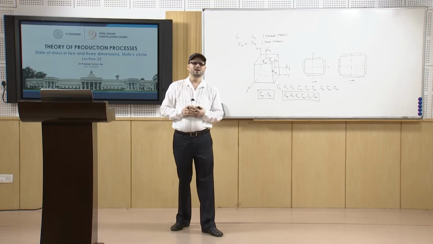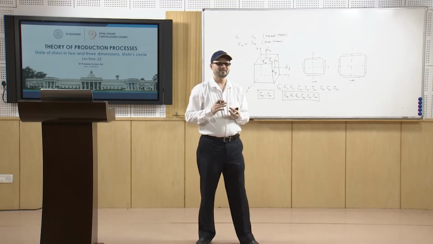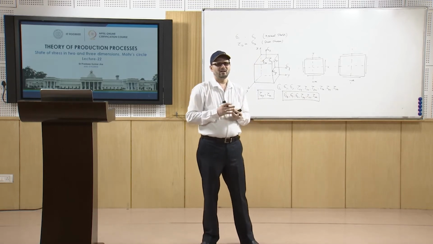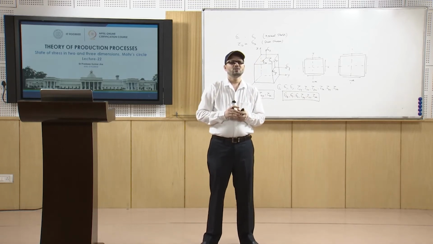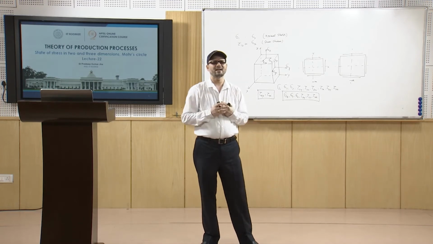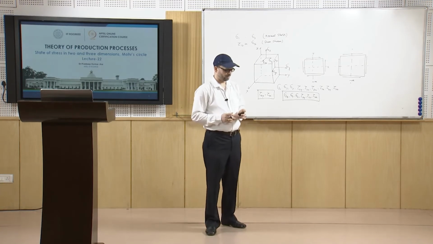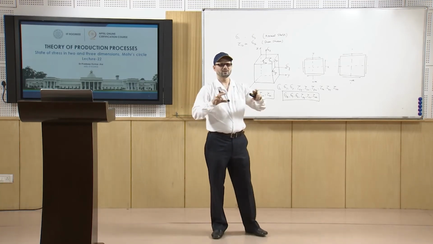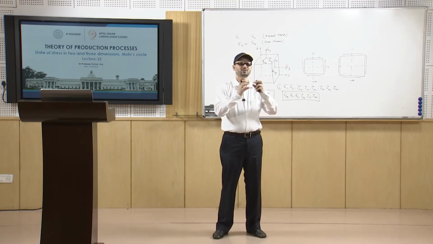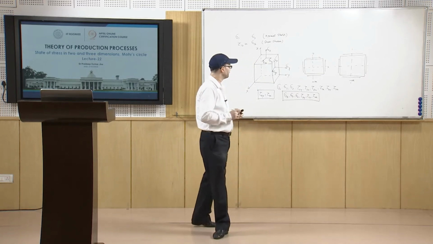Now, we have to know the state of stress at any point in the plane, and see how the stress components can be described for any orientation of the axis through the point. Suppose you have a 2-dimensional domain, with the x and y directions as shown in the figure.